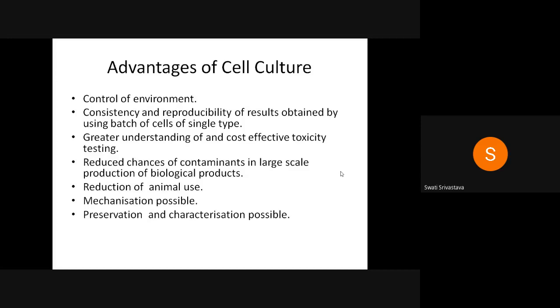The next is a greater understanding of toxicity testing, and in addition, it is a cost effective approach. You know the metabolic processes, the pathways, the physiological aspects of each and every cell. If you provide some toxic substance to that particular cell, it will be metabolized in a different way, and the pathway may be different. If you label the components of the pathway, you can easily understand how the toxicity is occurring.